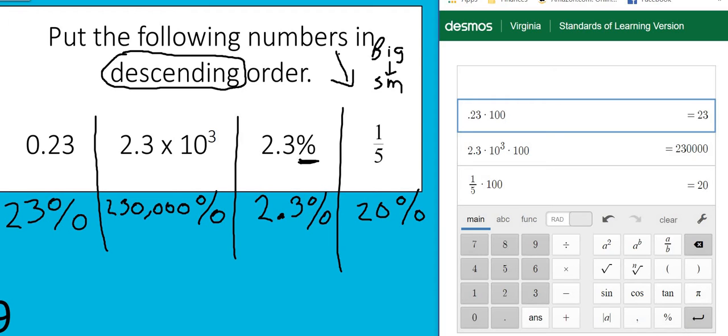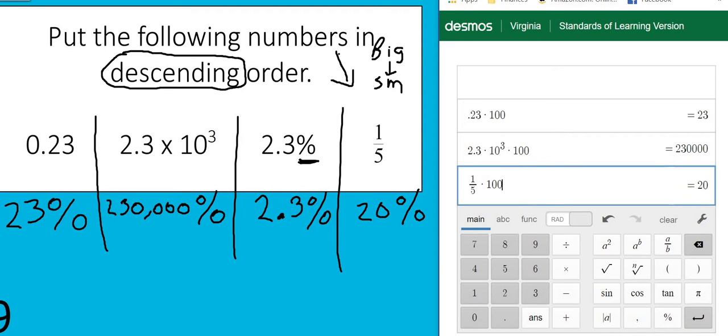0.23 times 100 gave me 23%. 2.3 times 10 to the third power times 100 gave me 230,000%. 2.3% I didn't have to put in my calculator, but I did put in 1/5 times 100 to give me 20%. So if this is descending order, we're going from biggest to smallest. Well, it's easy to see what the biggest one is.